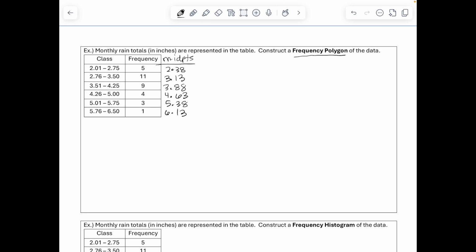So in order to construct our frequency polygon, we need to have 2 axes on here. And the horizontal axis is going to be our midpoints, and the vertical axis is going to be our frequencies. So let's look at frequency first.